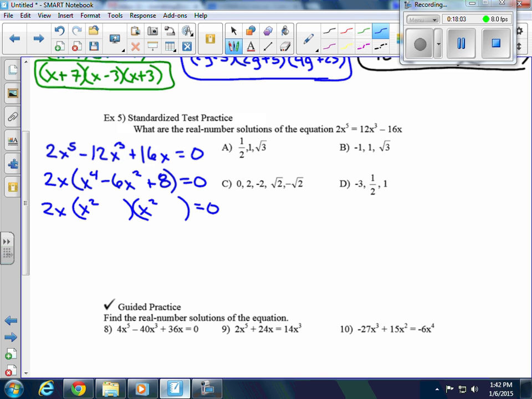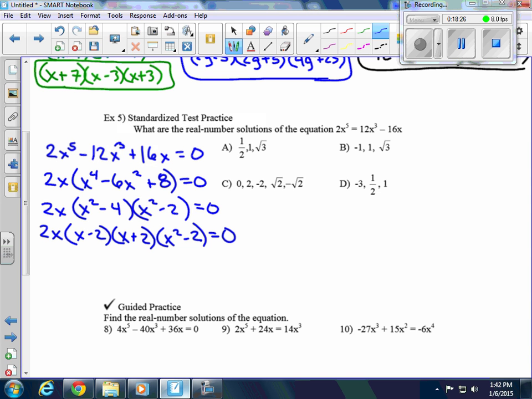Factors of 8 that are going to be, and they have to be same sign, so minus 4 and minus 2. So we're going to have 2x, and this factors further, x minus 2, x plus 2, and x squared minus 2 does not factor any further. So that is factored completely.